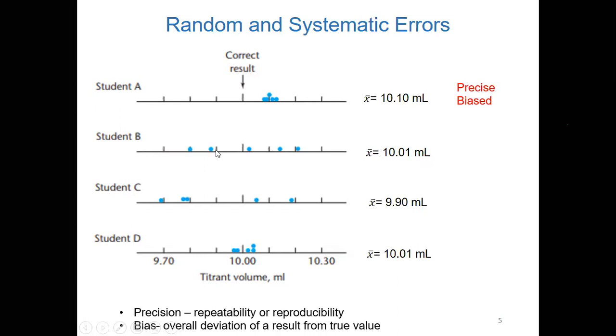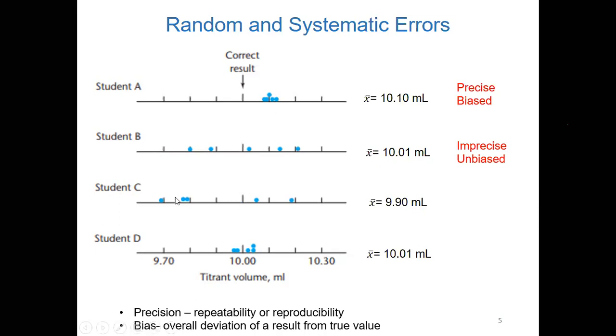So it is imprecise. But the average value has very little deviation, 0.01 milliliter, from the correct value. Therefore, it is unbiased. There is no bias, right?